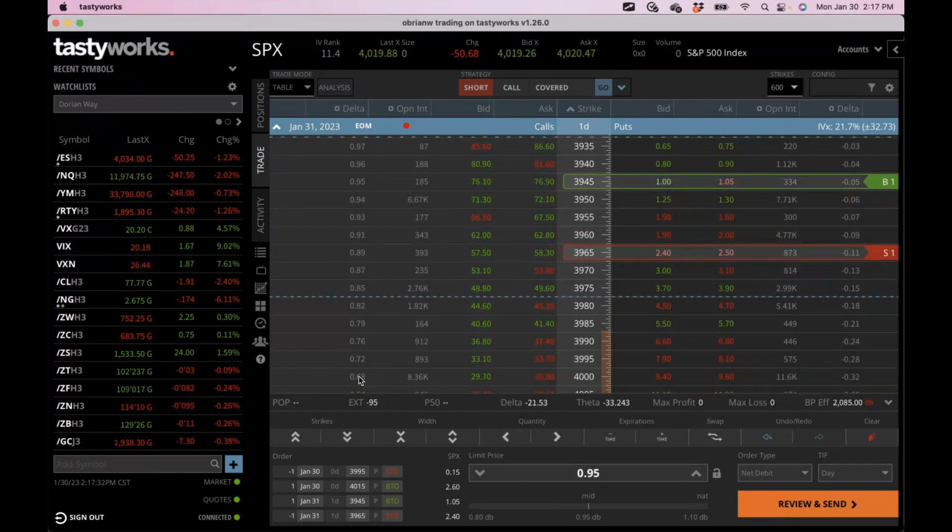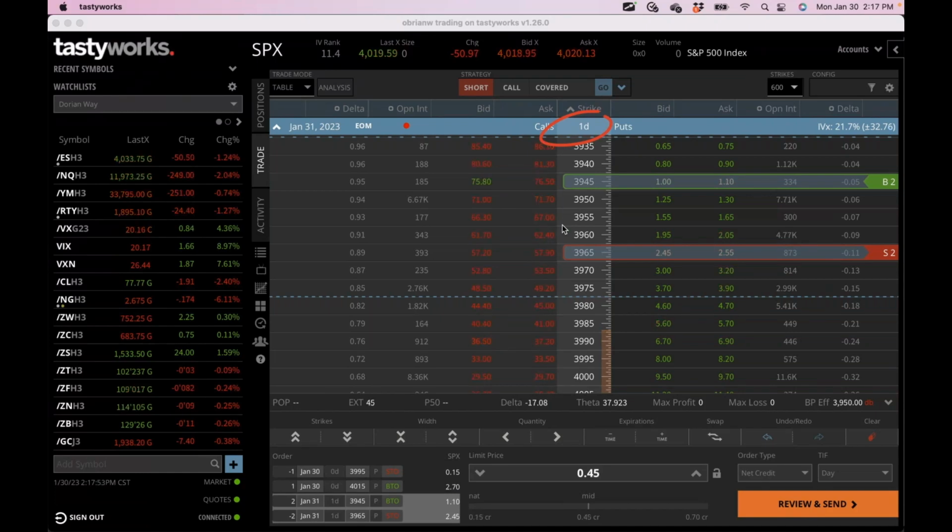But I can decide to highlight this here and then do 2 contracts. So if I did 2 contracts, I just repositioned the trade completely, went into the next expiration period, and added more contracts. If this is okay with your account size and you're trading a lot smaller than what your account could afford to lose, then adding another contract will give you a lot of wiggle room when you roll this out, and allow you to move this further away.